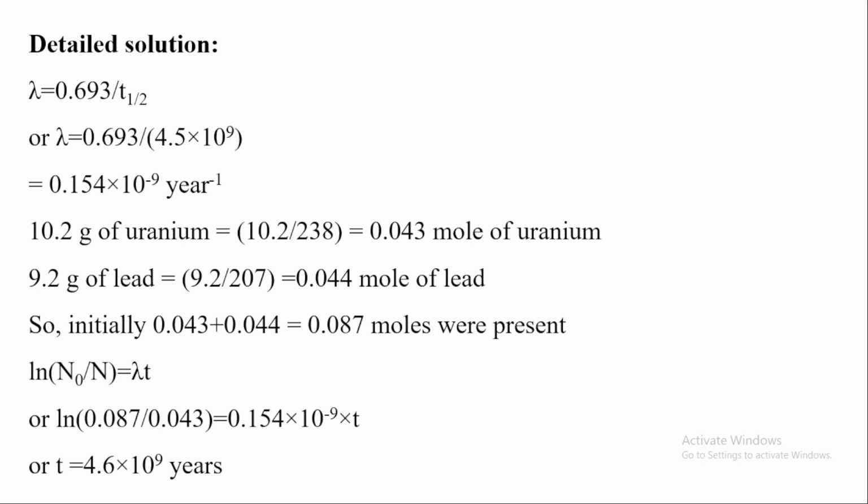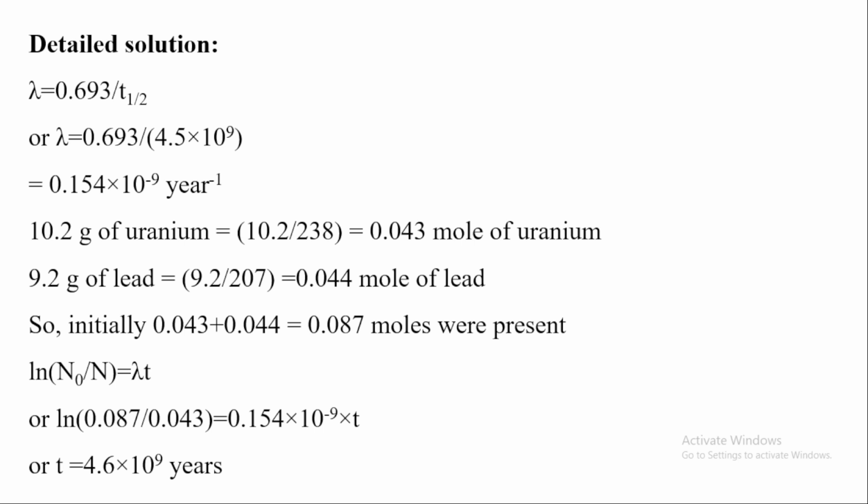So 0.044 moles of lead was once 0.044 moles of uranium at the beginning of the ore. Now we have to calculate the age of the ore, so we need the initial amount of the element that was present. 0.043 plus 0.044 is 0.087 moles initially present for uranium. The final moles of uranium is 0.043.